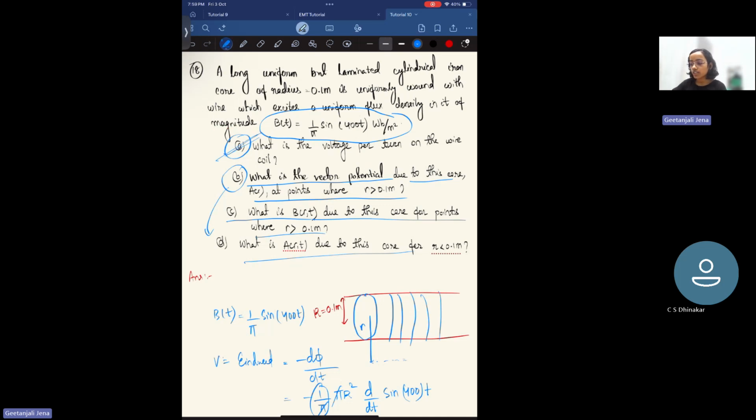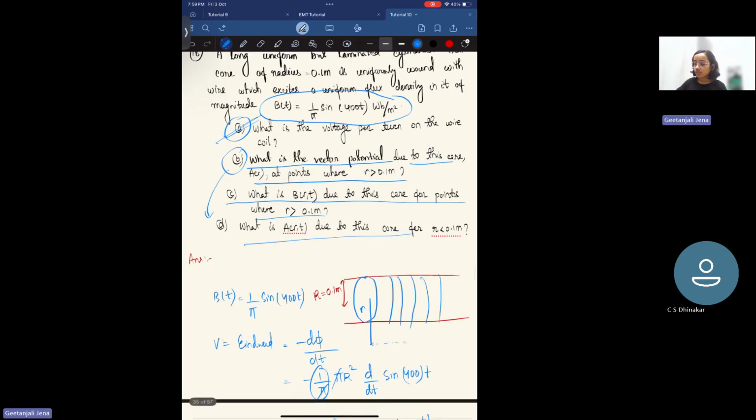In the first part, we need to calculate the voltage on this wire, or indirectly, the induced EMF. So find the induced EMF on the wire, that means at the surface.